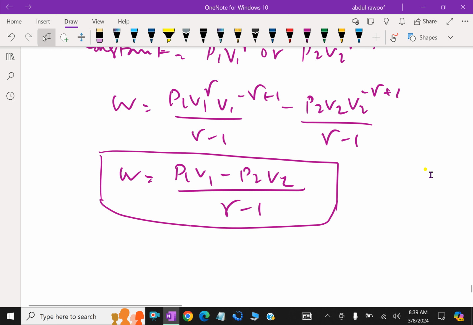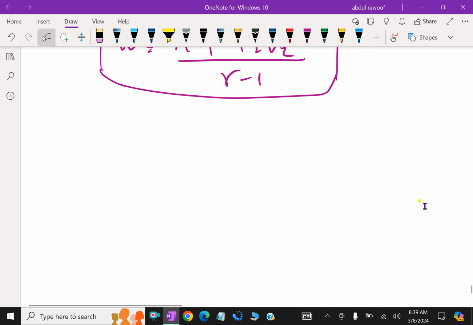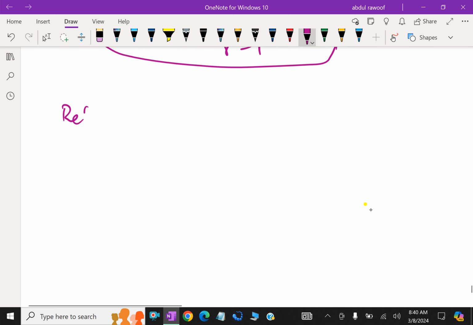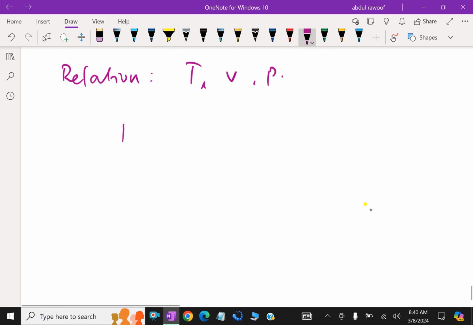Therefore, work done is here. Then next, we can get the relations between temperature, volume and pressure. We know that PV equal to RT.